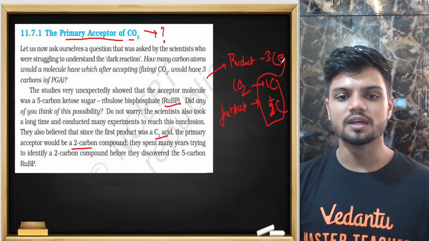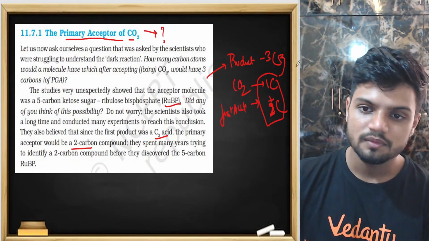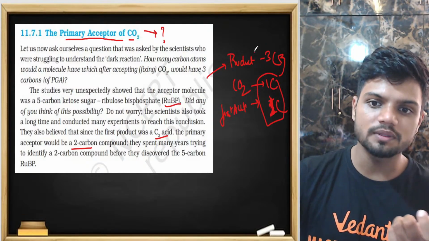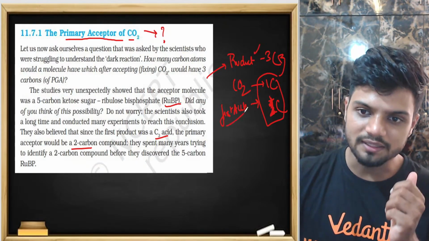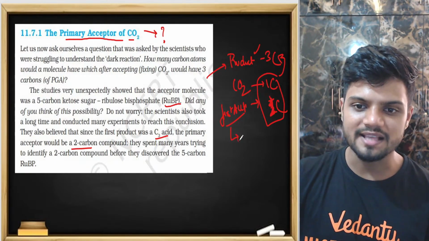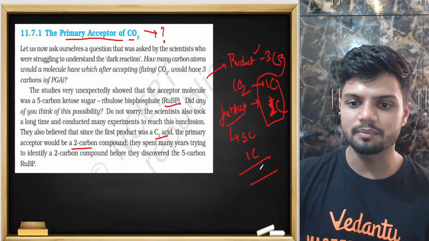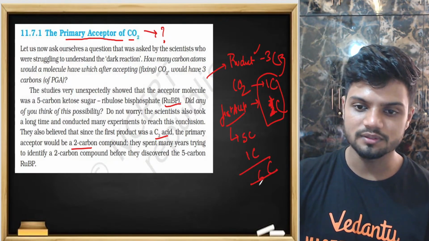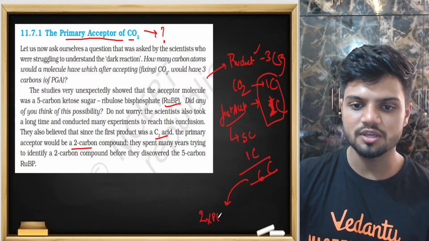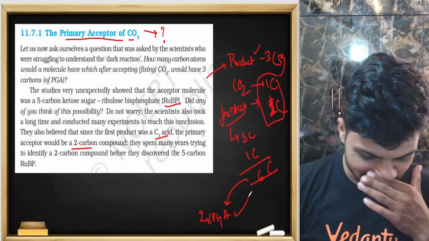That's what they thought, students. Scientists did very simple thinking. But surprise, surprise, the first acceptor was 5 carbon. CO2 is 1 carbon, so we ended up getting a 6 carbon molecule, which is nothing but 2 times PGA. Understood all of you? Okay.